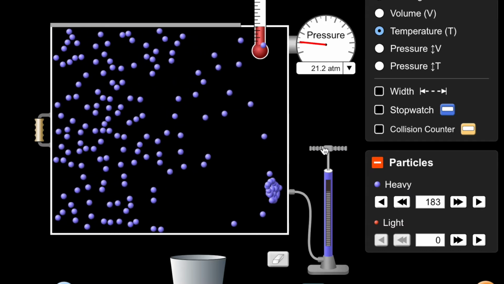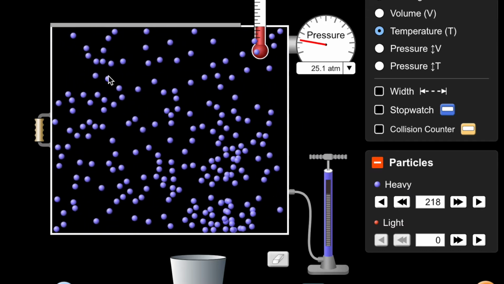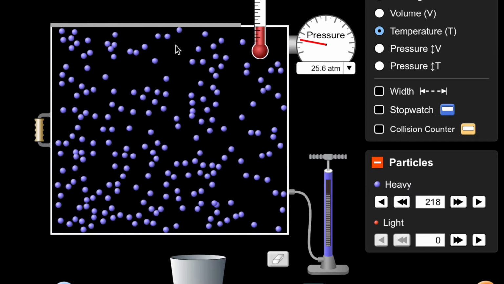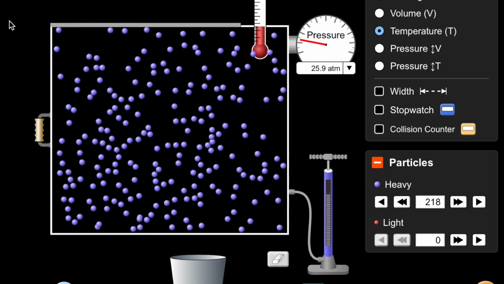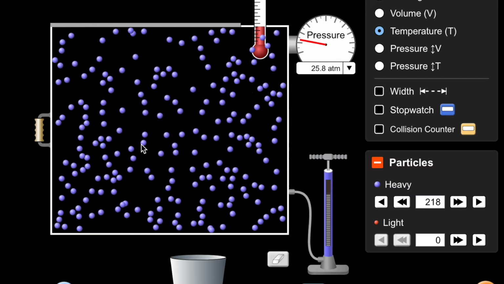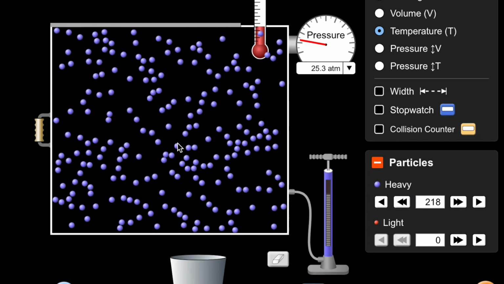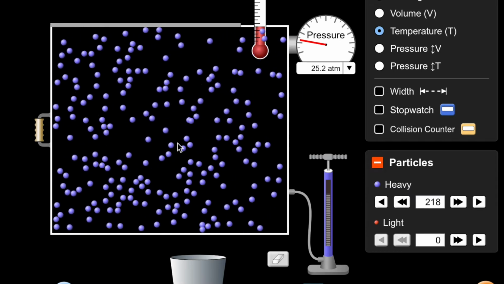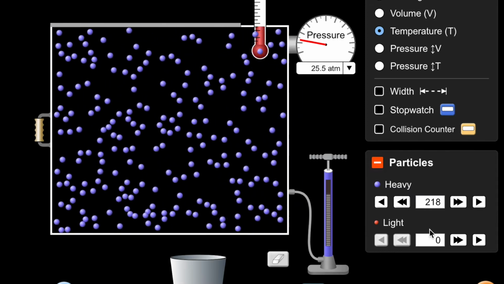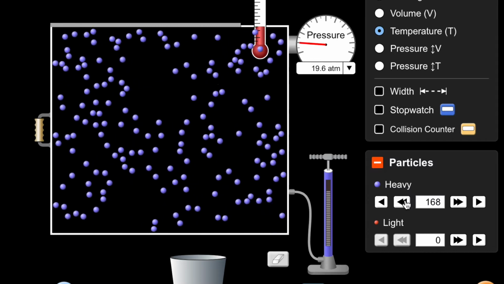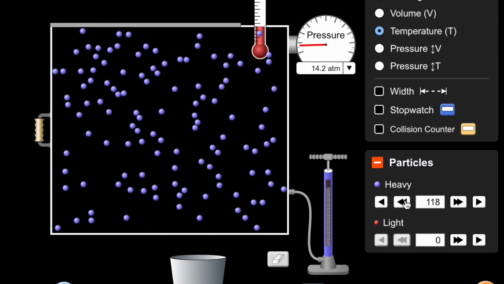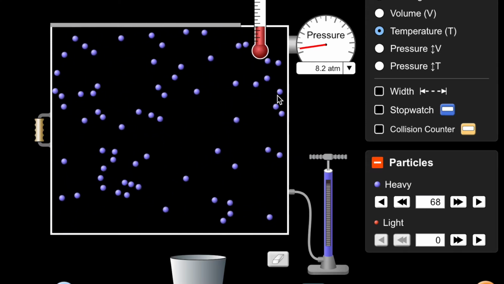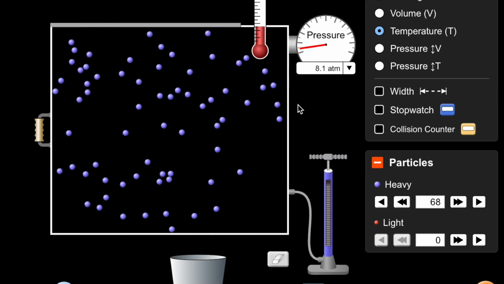As I increase my number of particles, I'm increasing the pressure, and that's because with more particles in this container, you're having more collisions with the container, more collisions with the other particles, and so you're exerting a greater force on the area and therefore increasing the pressure. If I were to reduce my number of particles, you can now see the pressure dropping as there's less of a force being exerted on the container and therefore a lower pressure.